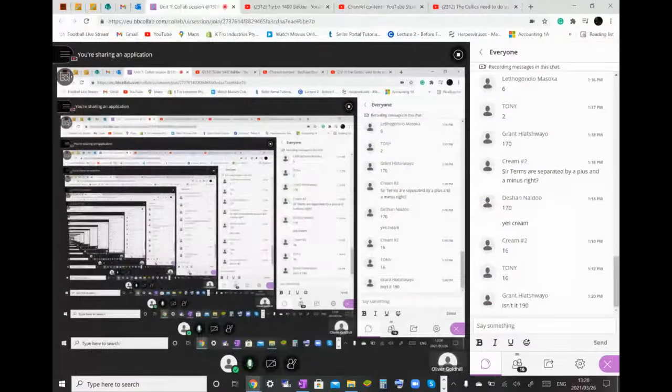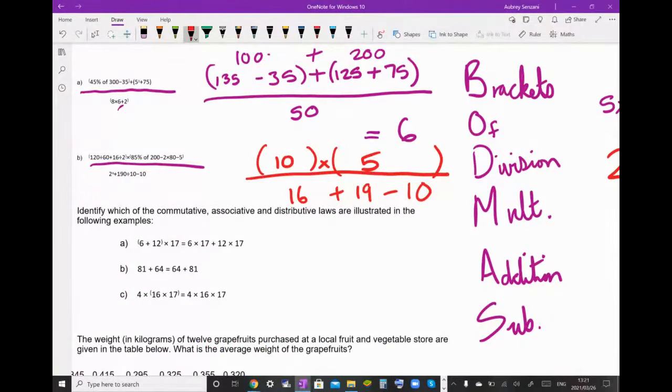Are we all together? Yes, Grant, it was 190, but remember here, if you look here, it was 190, then divided by 10. Does that make sense, Mr. Grant? Are we together?